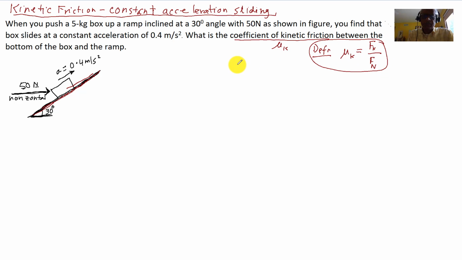We carry out F equals ma for this, and we set it up because acceleration is not zero. You will get the sum of all the forces on the box equals the mass of the box times the acceleration of the box, right?